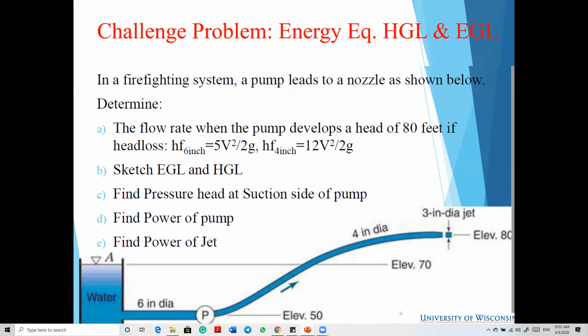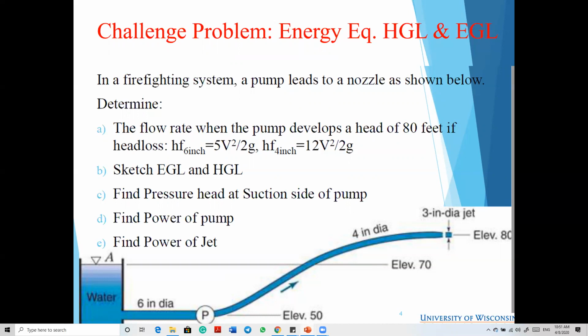In a firefighting system, a pump leads to a nozzle as shown below. A, the flow rate when the pump develops a head of 80 feet, if head loss for the 6-inch diameter pipe is 5 V squared over 2g, and head loss for the 4-inch diameter pipe is 12 V squared over 2g.